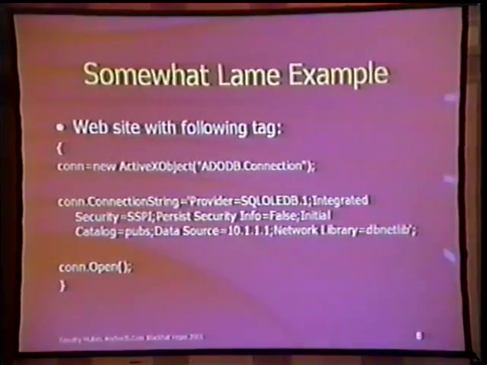I'm telling it what my provider is. I'm telling it to use integrated security. Set the persistent security info to false, setting an initial catalog, and telling it the data source. And the real magic here is this guy, library equals DBNetLib. This is code that I put on my website. So I'm telling your client what library to use to connect to me.